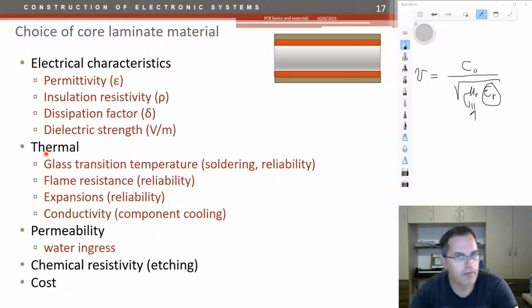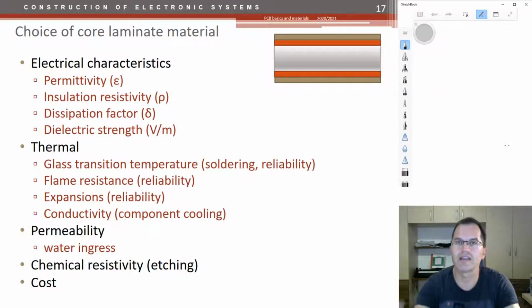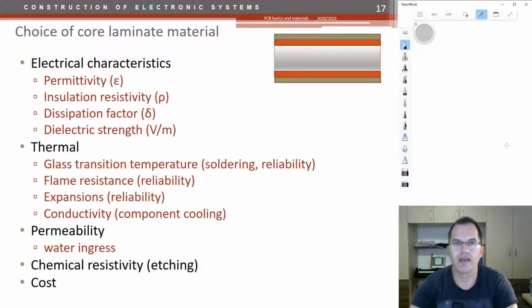Then you have thermal properties like glass transition temperature. The glass transition temperature is the temperature at which the epoxy resin or the dielectric resin would start to leak. It would start to lose the property of a glass. That's why it's called glass transition.